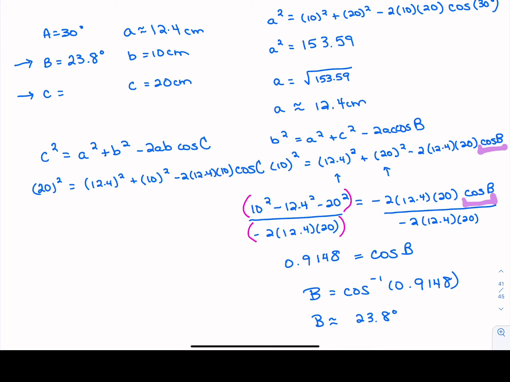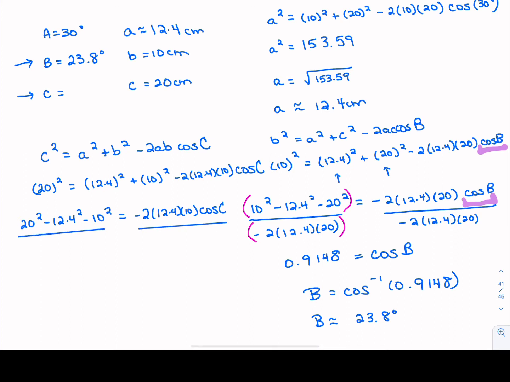So this is going to require manipulation. We're going to take that 20 squared and subtract 12.4 squared to move that term over to the left. We're going to subtract 10 squared, again, to move it over to the left. And we know that'll be equivalent to -2 times 12.4 times 10 times the cosine of angle C. So again, our last step to solve for cosine C will be to divide both sides.